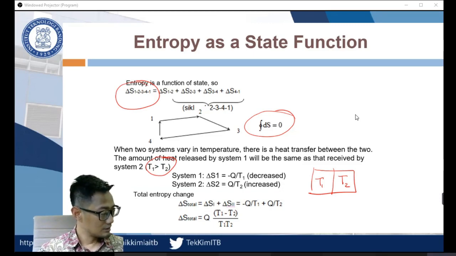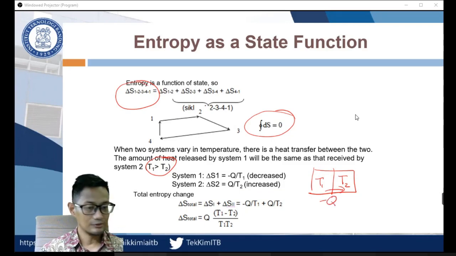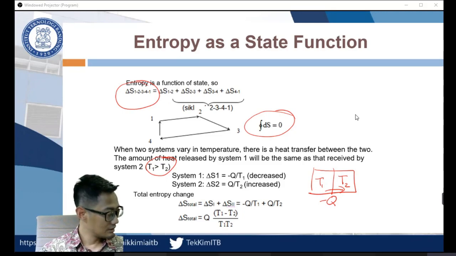Because the temperature of system 1 is higher, heat will transfer from the left to the right, minus Q, if we check from the system 1 point of view.